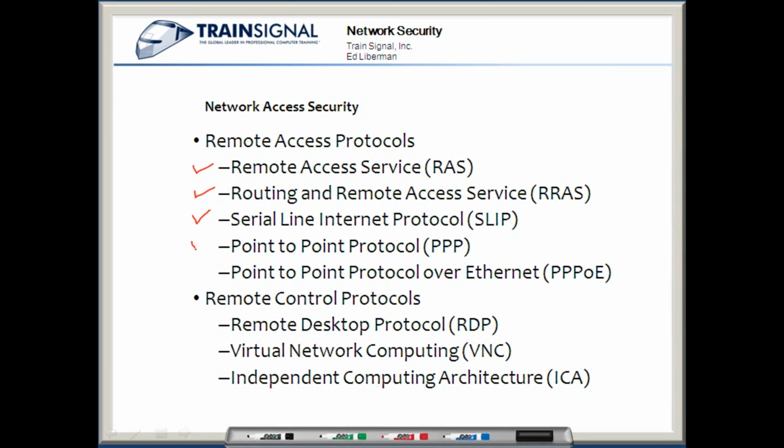What we use now would be PPP, or the point-to-point protocol. Okay, and the point-to-point protocol has been around for quite some time as well, but it's so well designed that it is still the standard remote access protocol that we use today. And as a matter of fact, our VPN protocols, for instance, we have the point-to-point tunneling protocol.